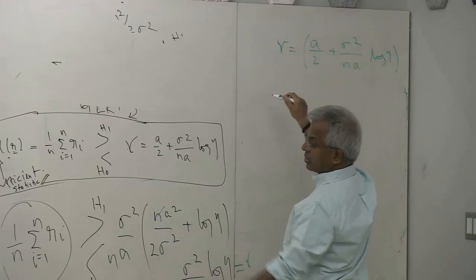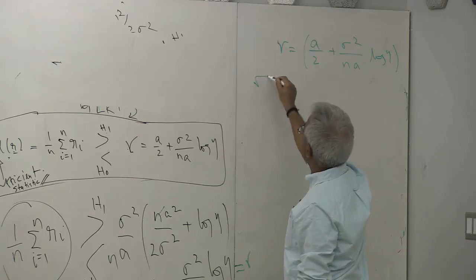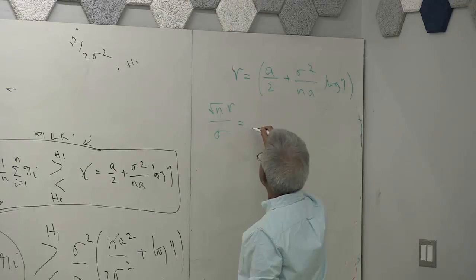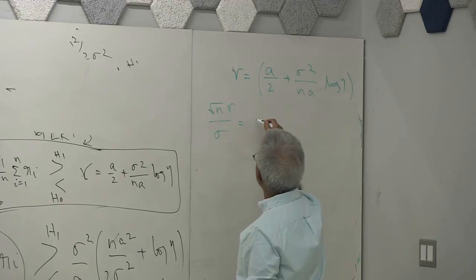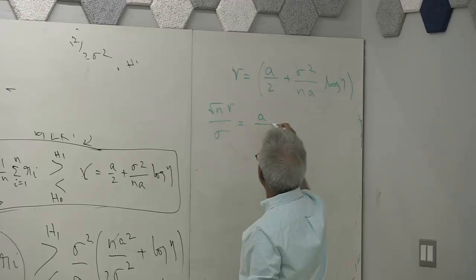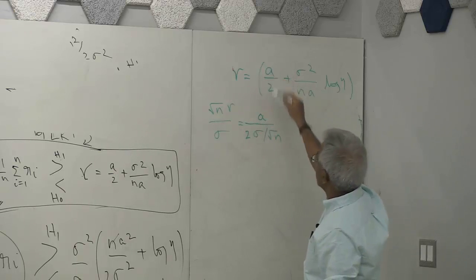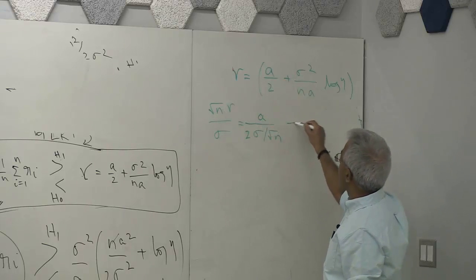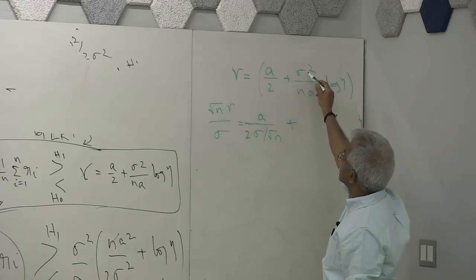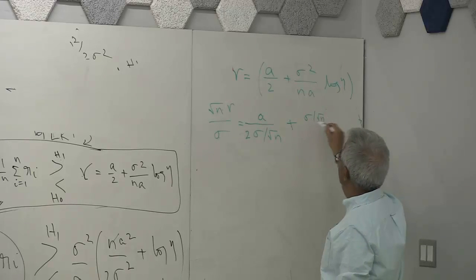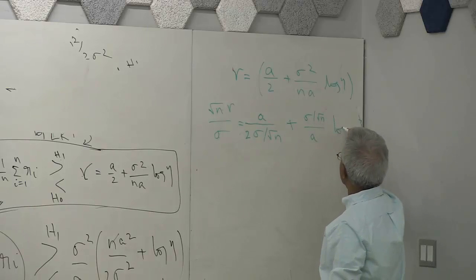So I should multiply, C is what? C is square root of n gamma over sigma. So that's going to be A over 2 sigma. I put the square root of n here. Then sigma cancels, square root of n cancels. So I have again sigma over square root of n over A log eta, right?